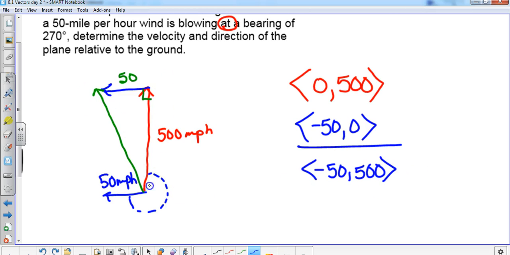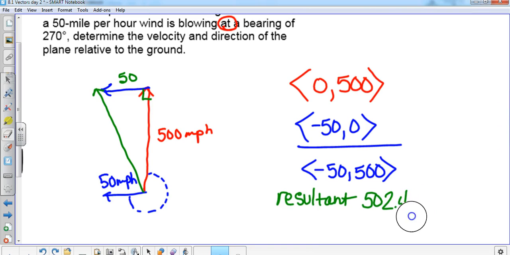Which we just drew this way to show that it would work either way. All right, somebody's typing away. 502.5. Did someone else get only 502?